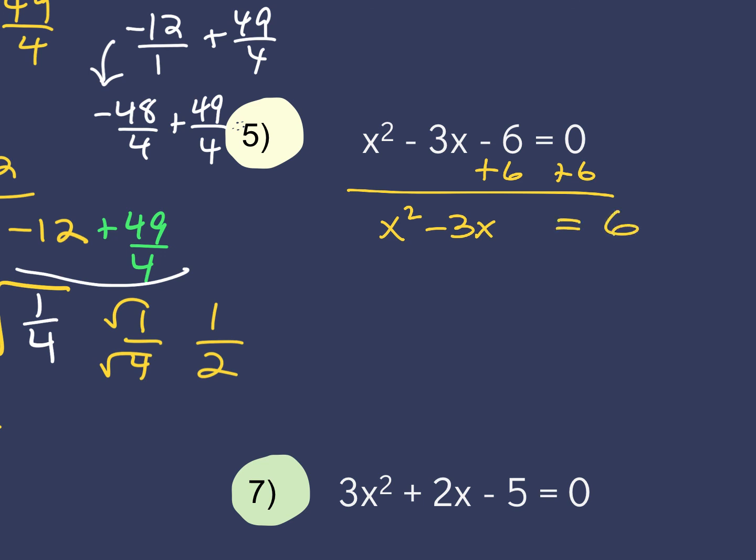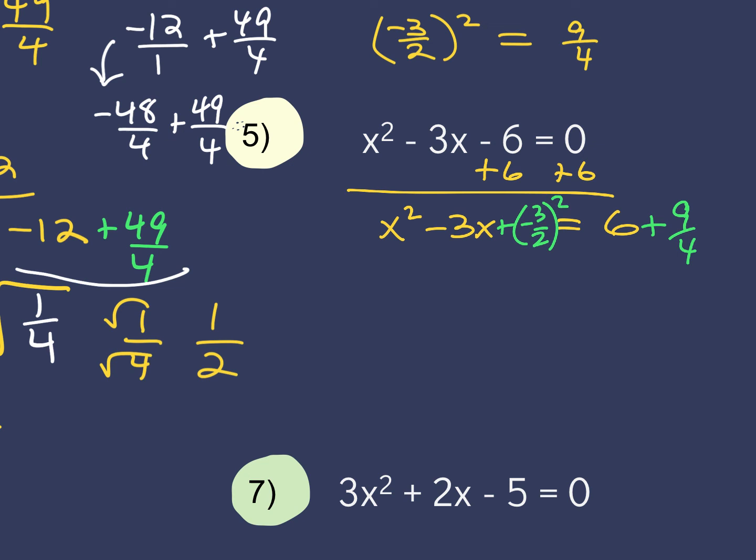Take the b term, divide it by 2. So -3 divide by 2 squared. This becomes positive 9/4. But again, remember, I'm going to put the 9/4 over here, but over here, I'm going to put it in as the -3/2 squared.